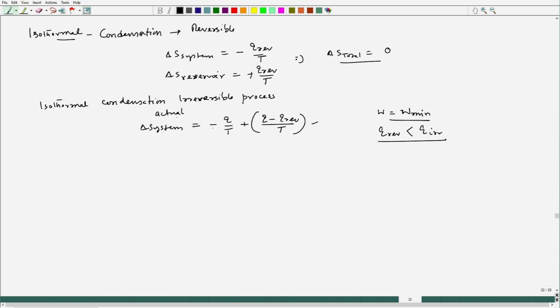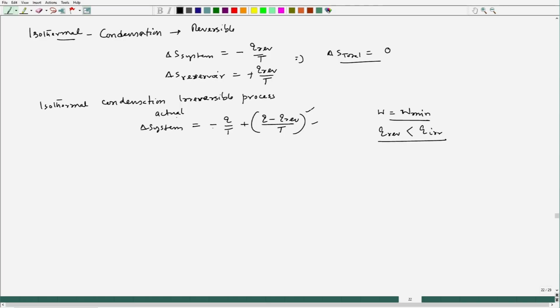So, this will be the situation. Now, when the heat is actually released by the system, some amount of it is lost, at the same time some amount of work is also lost. That work lost would be reflected here, and since Q reversible is lower than Q, this amount of work would be converting to heat, considering it is a condensation, it is a minimum work.